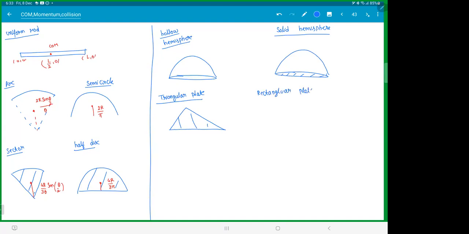Rectangular plate. Rectangular plate will be in the center. Again, uniform we are talking about. Hollow cone. Solid cone. Did I miss something out?